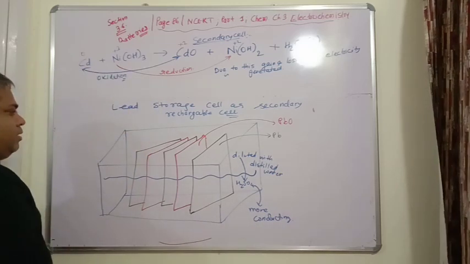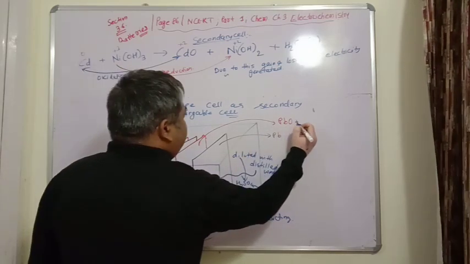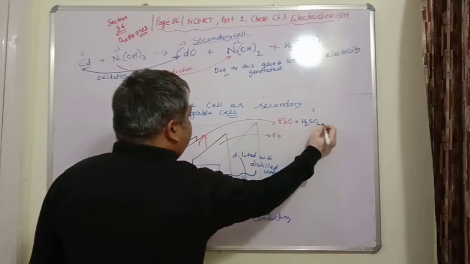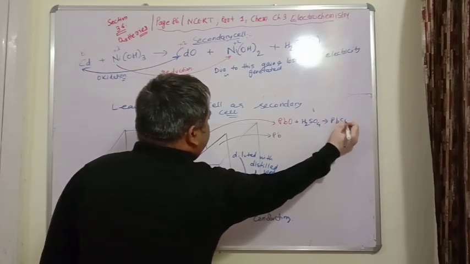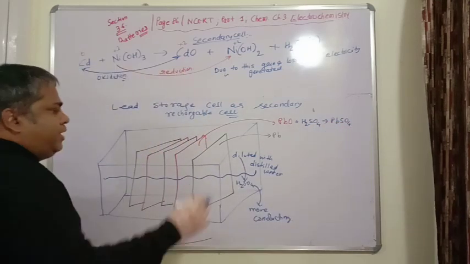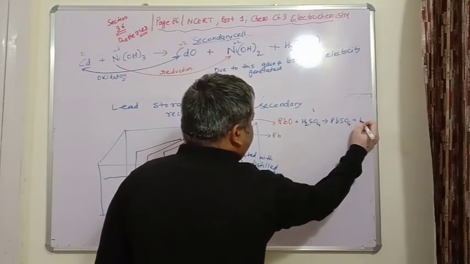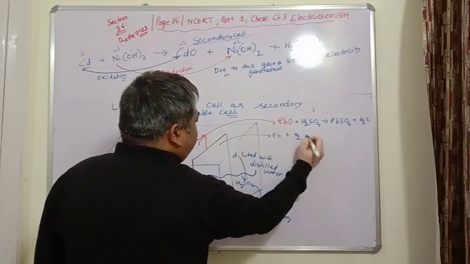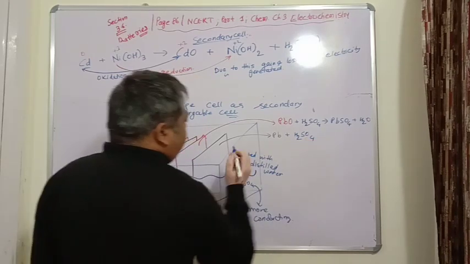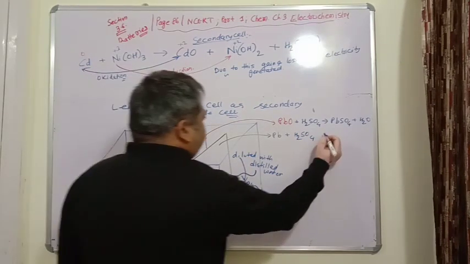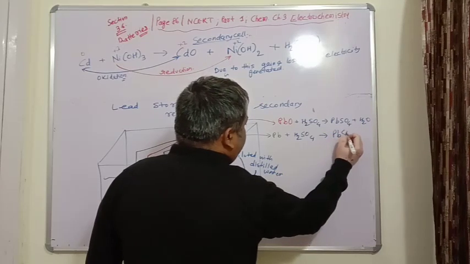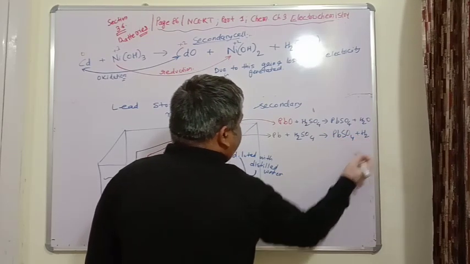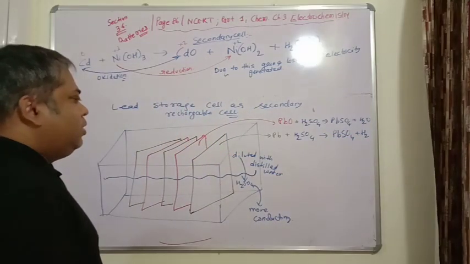Now what happens when PbO comes in contact with H2SO4? This forms PbSO4 and H2O and all. Also, Pb when it reacts with H2SO4 also forms PbSO4, and hydrogen comes out, and water medium is there, it forms H2O.